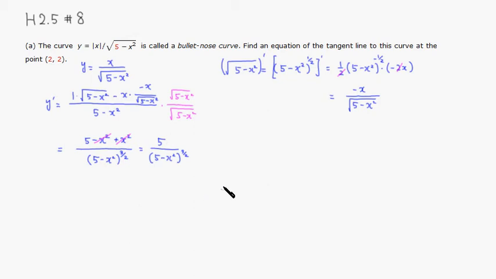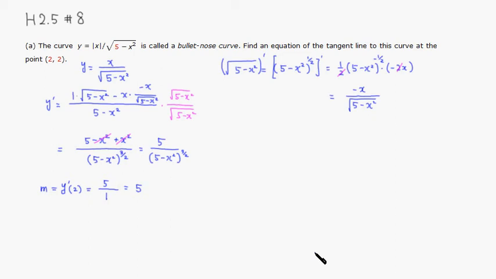Then to find the slope, all we have to do is m equals y prime evaluated at x equals 2. If you plug it in, you have 5 over 5 minus 2 squared, which is 1, and 1 to any power is 1, so 5 is the slope.